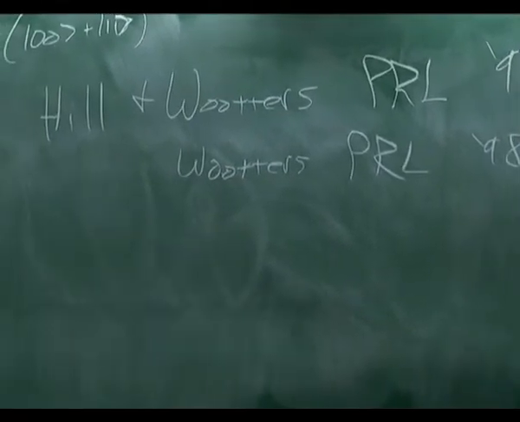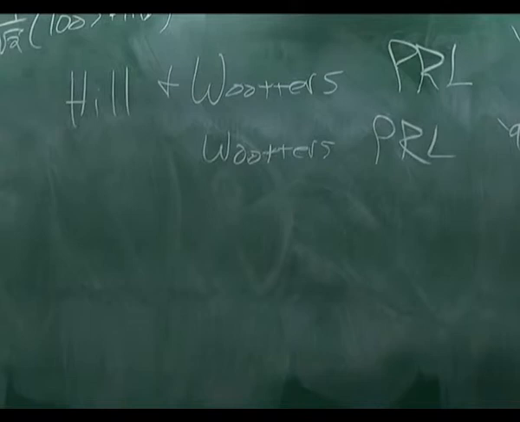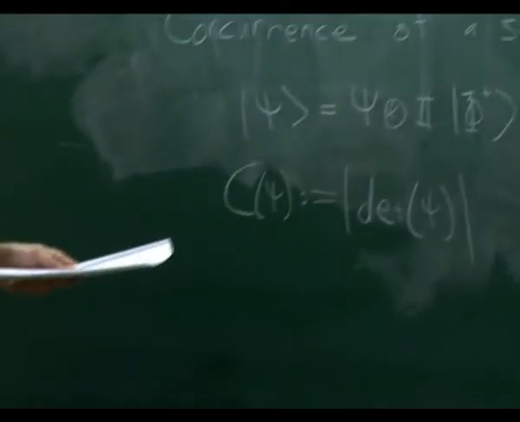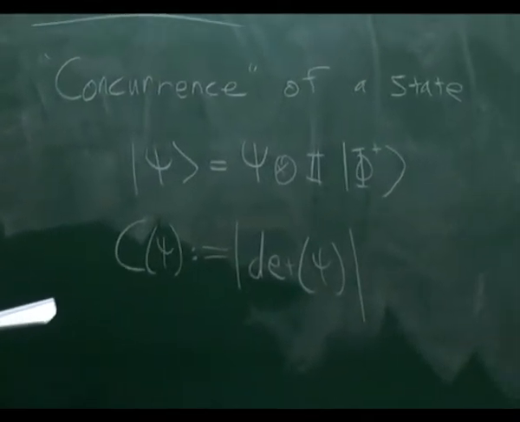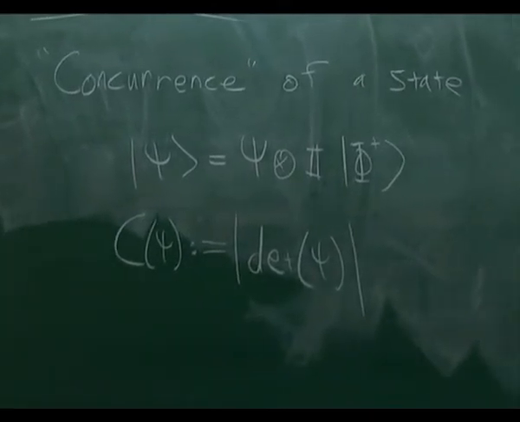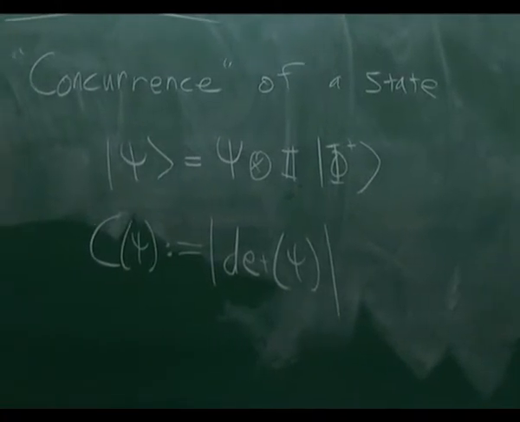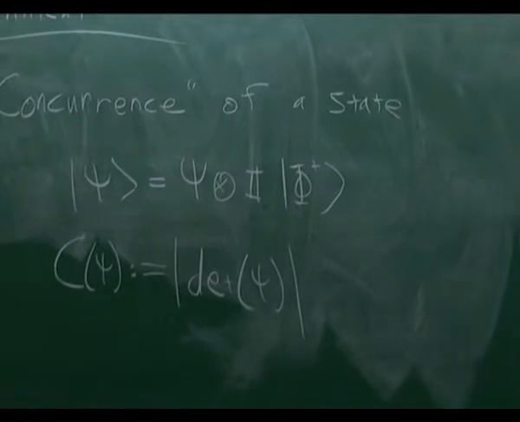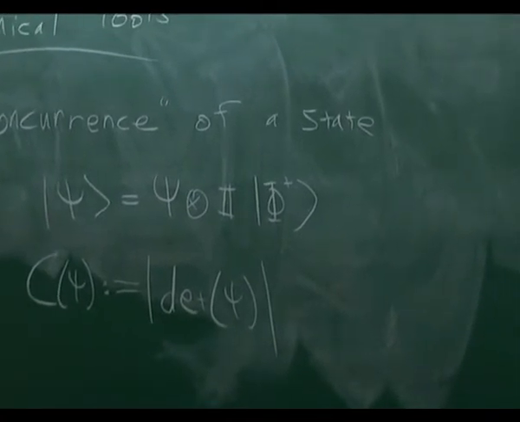If you take phi plus to be psi, then psi is a unit matrix, but the determinant of it is 1.